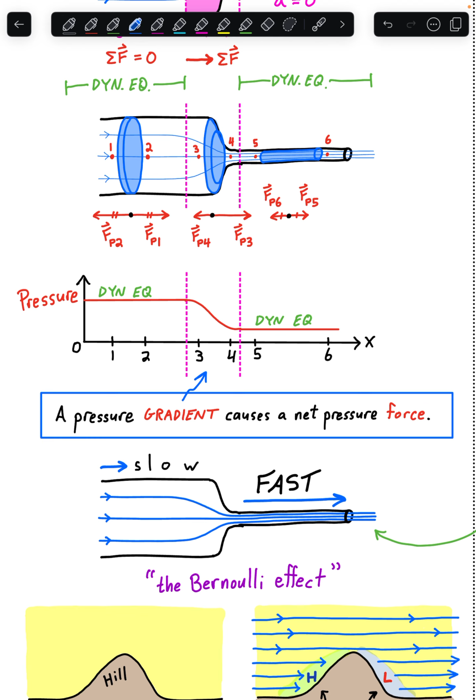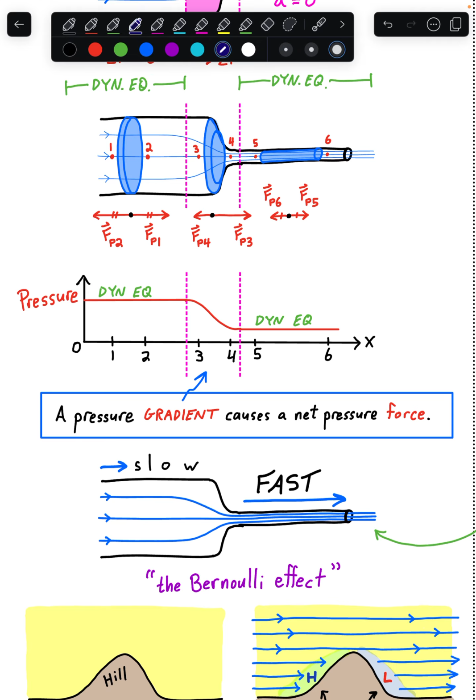And it's related to the pressure being higher here in the wider, slow-moving section, that capital H is for high pressure, then our pressure being lower over there in the narrower, fast-moving section of pipe. High pressure, low pressure related to the fluid speed, the Bernoulli effect.